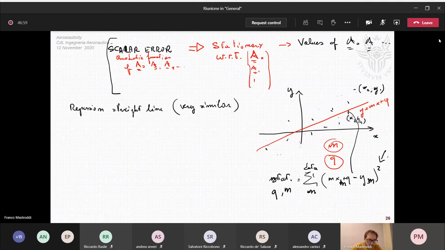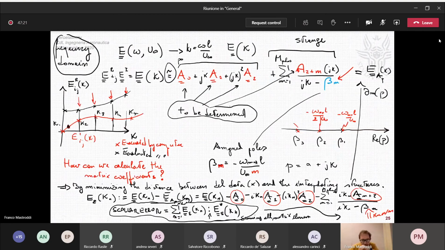So this is similar to the regression straight line or any kind of regression curve. And so after this minimum error process, we have the matrices A0, A1, A2 ready to be used here.